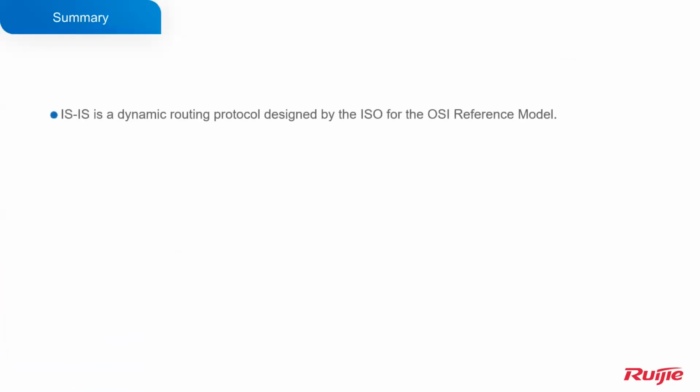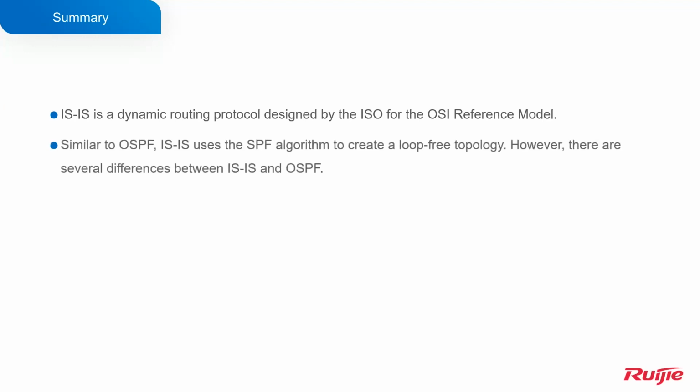So here is a summary for ISIS. First, ISIS is a dynamic routing protocol designed by the ISO organization for the OSI reference model at the beginning. And similar to OSPF, ISIS also uses the SPF algorithm to create a loop-free topology.